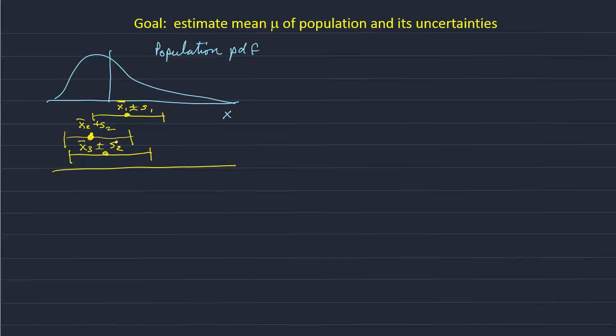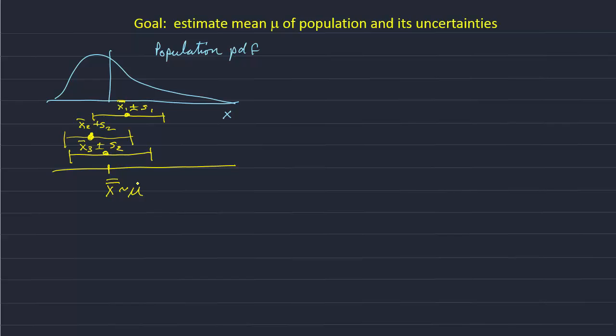Okay, and recall from the central limit theorem that as we sample from this population, the mean of our sample means will form a normal distribution approximately centered on the population mean.